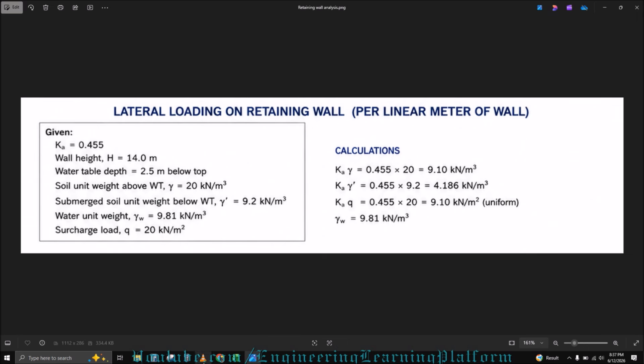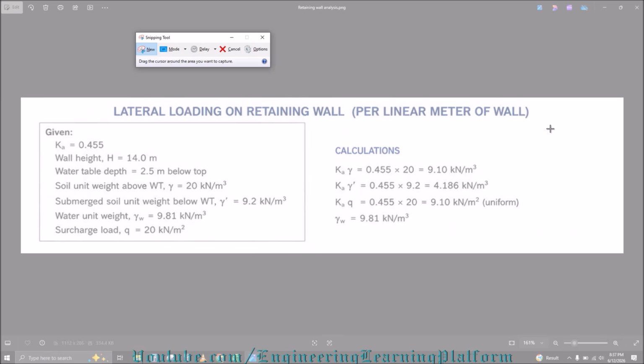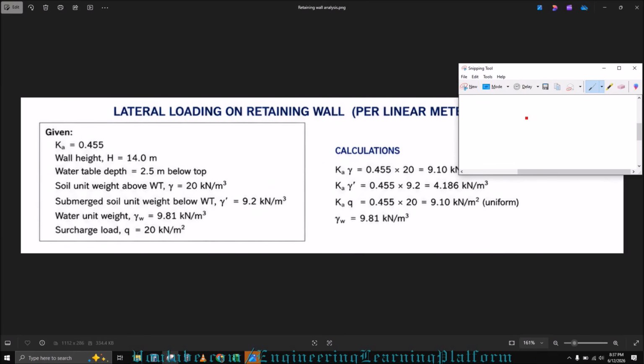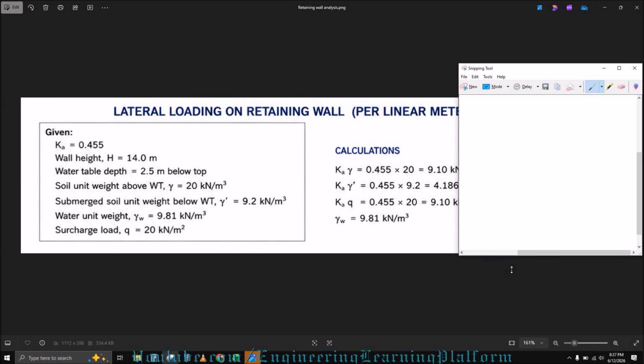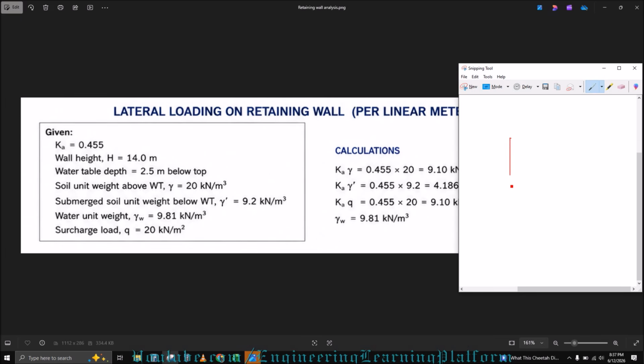If I make a picture of the retaining wall, let me draw it real quick. So the retaining wall is, let's say, 14 meters, and we have the water table at 2.5 meters below the top of the retaining wall from the ground level.